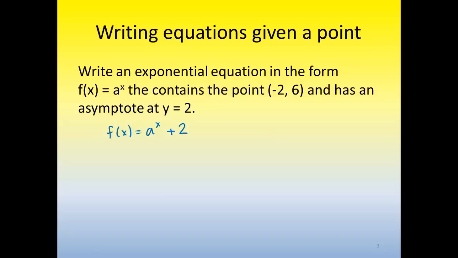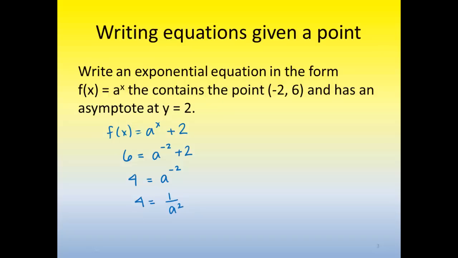Now I'm going to do what we had done in our previous example, and we're going to use 6 equals a to the negative second power plus 2. Again, we're trying to solve for our base. I'm trying to solve for a. I'm going to subtract 2 from the other side, giving me 4 equals a to the negative second power. I'm going to use the properties of exponents because I have a negative exponent. I will rewrite this as 1 over a squared.